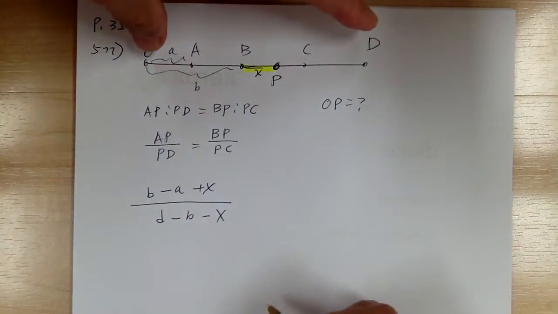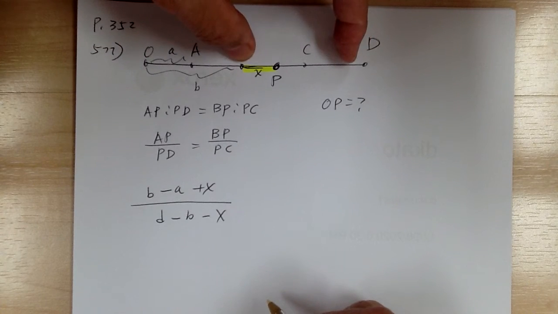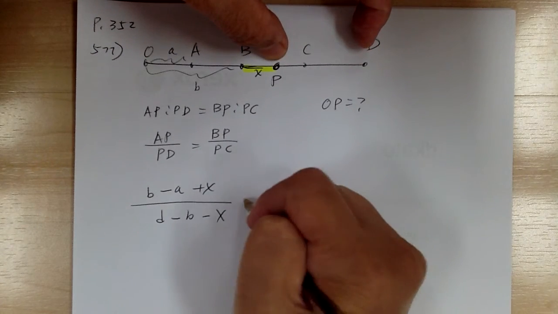So again, this is D minus B minus X, which gives you PD.